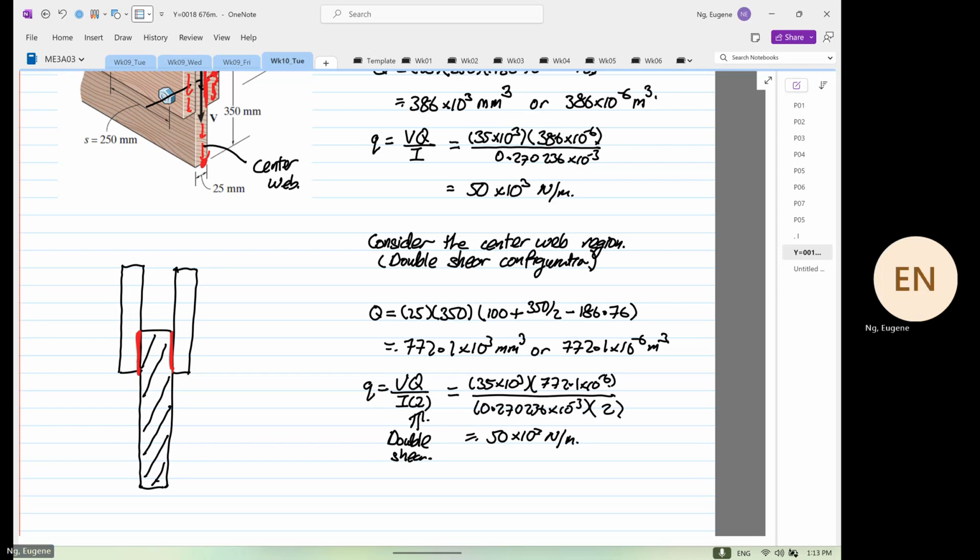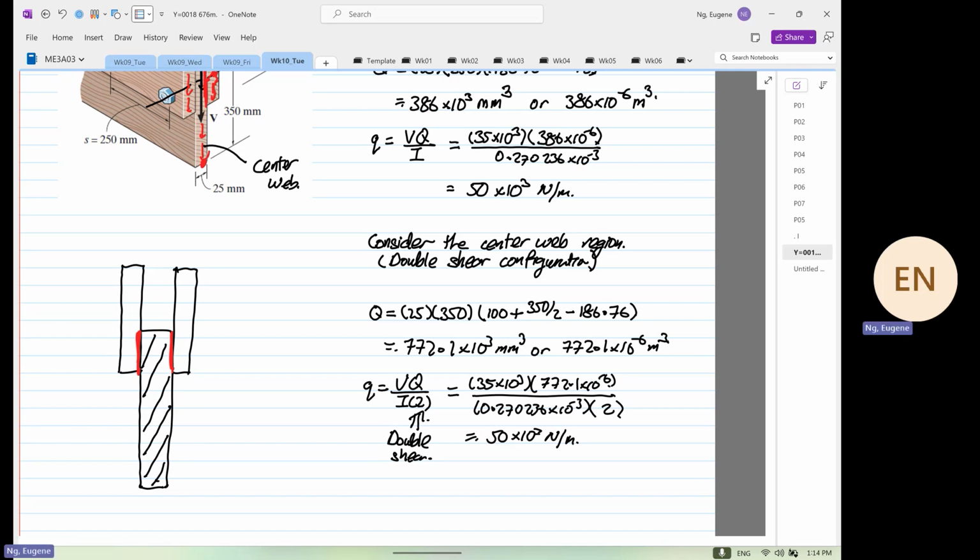Now, when you can cross first, when the fastener is below the what? Okay, I can show you.